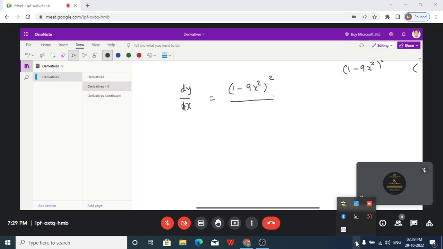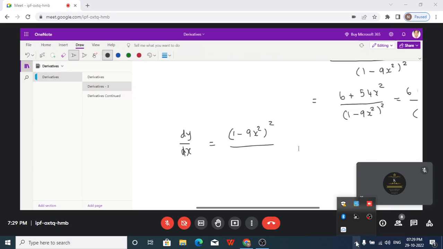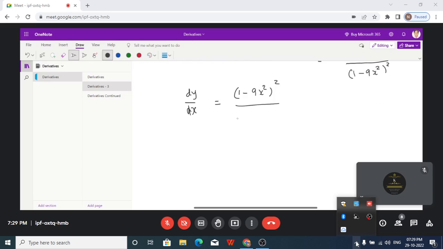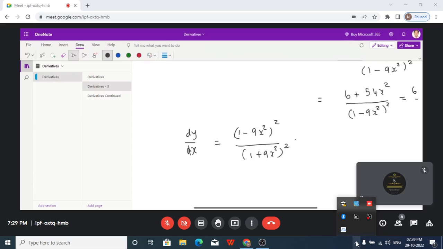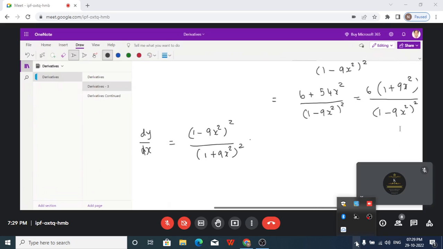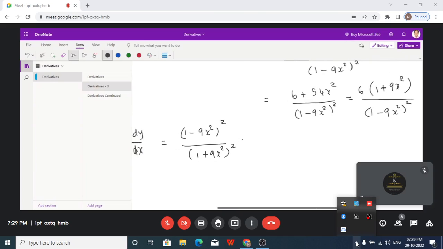divided by 1 plus 9x square the whole square, into 6 into 1 plus 9x square divided by 1 minus 9x square the whole square. Right?